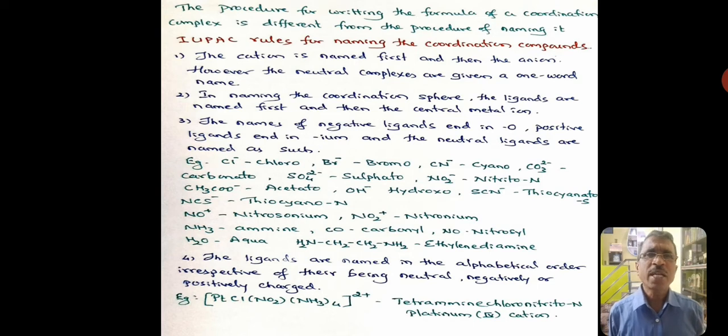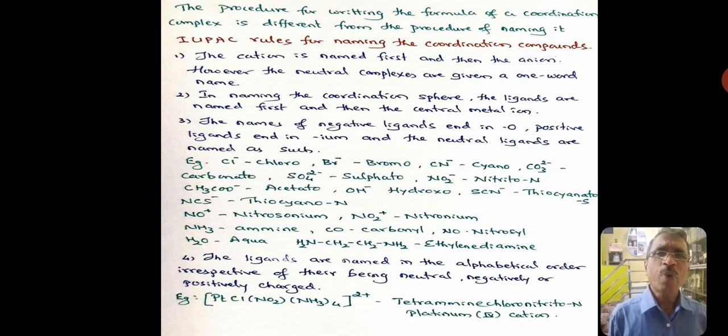That means, for example, in simple molecules like sodium chloride, the cation sodium is named first and then the chloride ion. In calcium chloride, calcium is named first and then the chloride. In a similar manner, even in the complex, the cation of the complex is named first and then the anion.